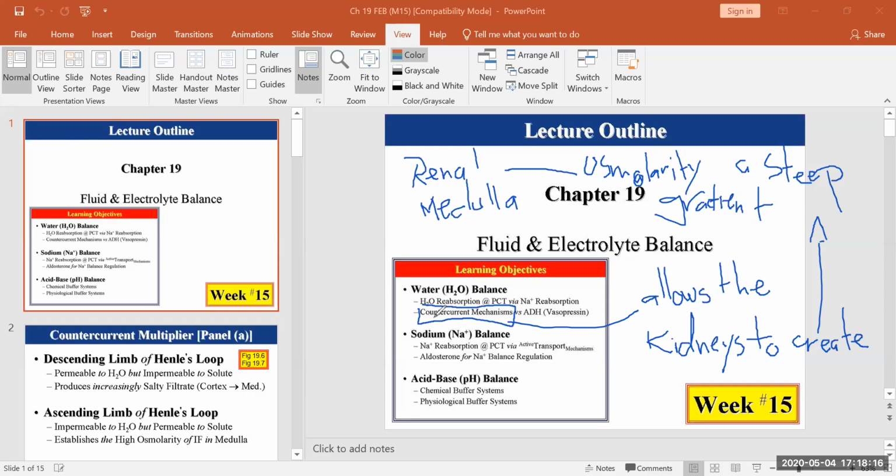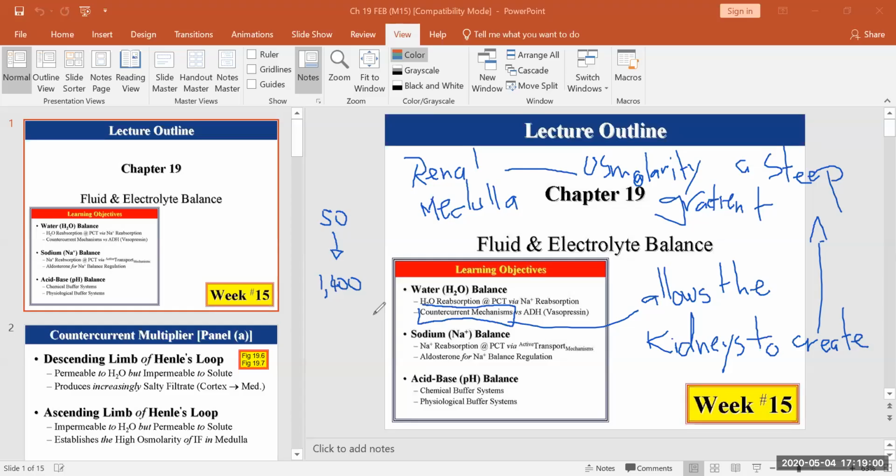So this is an important mechanism where the body or the kidneys can balance water, meaning it can concentrate urine when the body is being dehydrated, or if the body is properly hydrated, then the kidneys produce dilute urine. So it can be producing dilute urine like 50 osmol all the way to 1400 milliosmol. So that's a wide range.